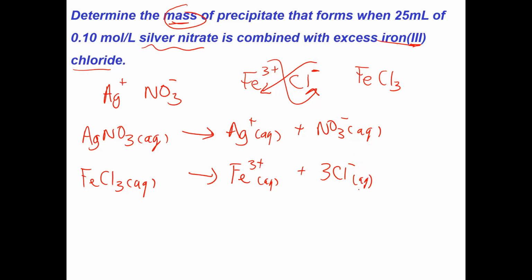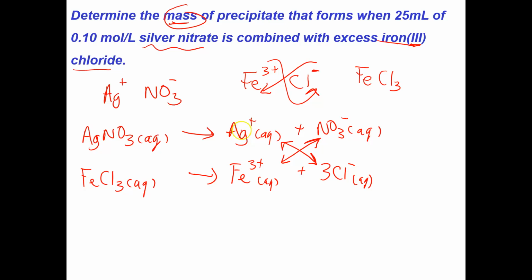So now we have to think about the new combinations that can form. Remember our solubility rule, nitrates are always soluble, so iron 3+ and nitrate are not going to form a solid, they're going to form an aqueous solution.